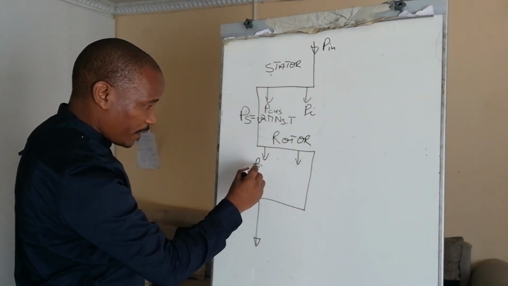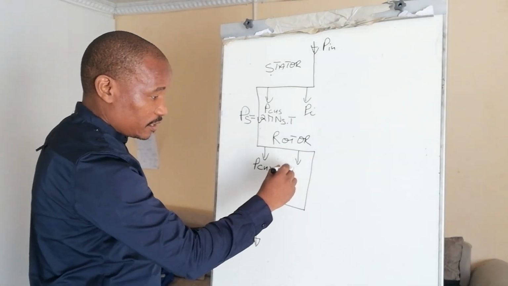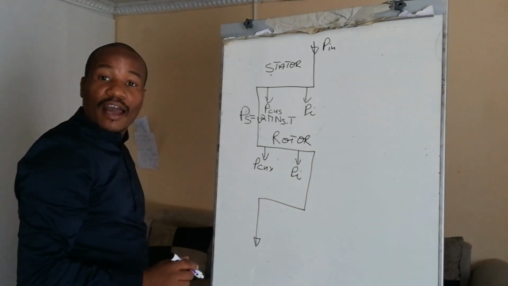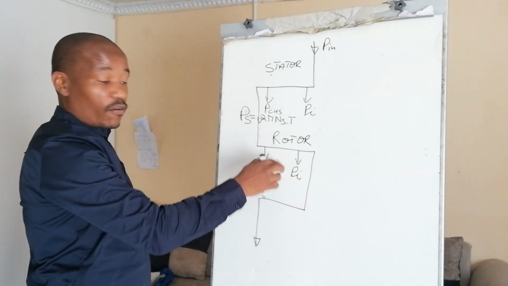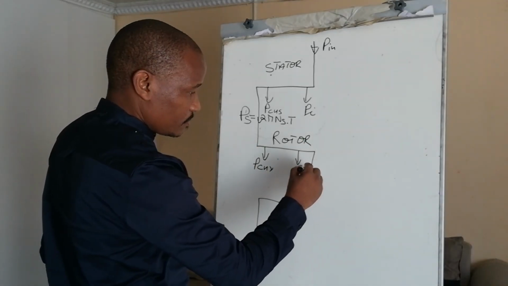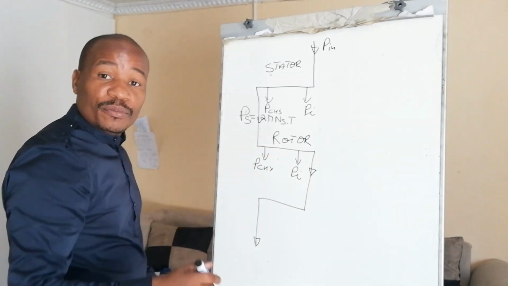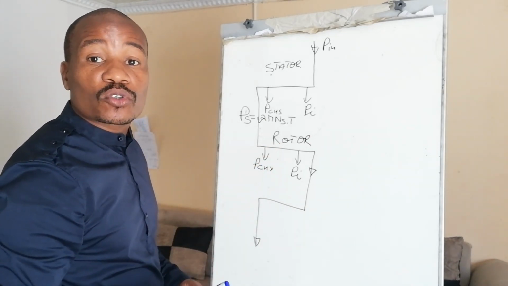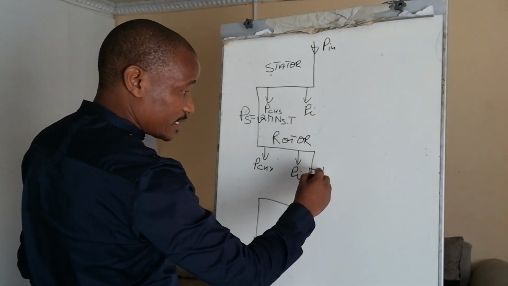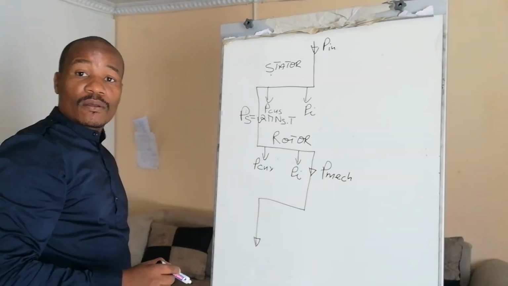So here we're gonna have the rotor copper losses and the iron losses again. And then of course the output of the rotor has to be converted into mechanical energy so that the motor starts working, and we call that mechanical power.